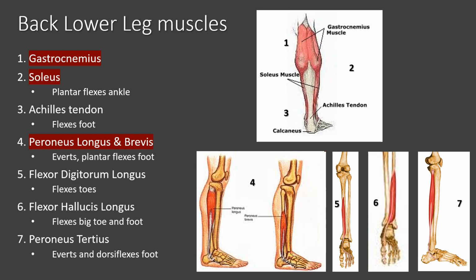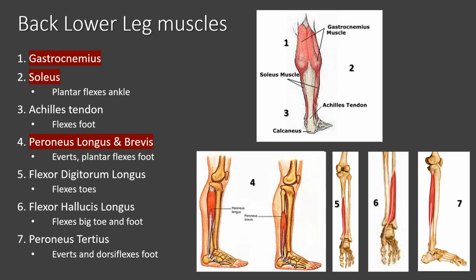Gastrocnemius, soleus, Achilles tendon, peroneus longus and brevis, flexor digitorum longus, flexor hallucis longus, peroneus tertius. The gastrocnemius and the soleus are big fleshy muscles just below the knee at the back.